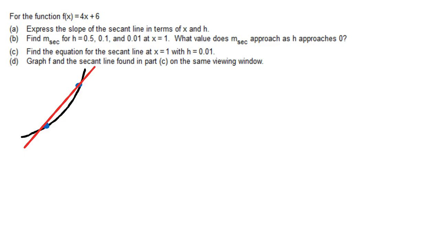So that line that's connecting those 2 points, that is the secant line. The secant line is a line that passes through 2 points on the curve. So what we want to do is find the slope of that line. So let me show you how we'll express that line.